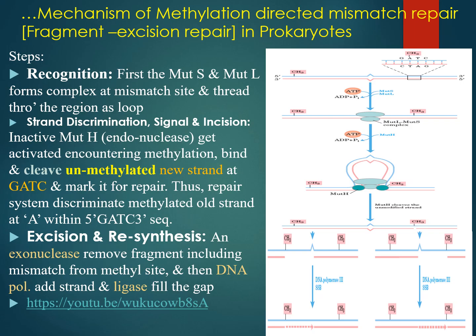MutH will discriminate the methylation pattern, and it is an endonuclease. It will make a cut by encountering the methylation status. It cleaves the unmethylated new strand at the GATC sequence and marks it for repair.